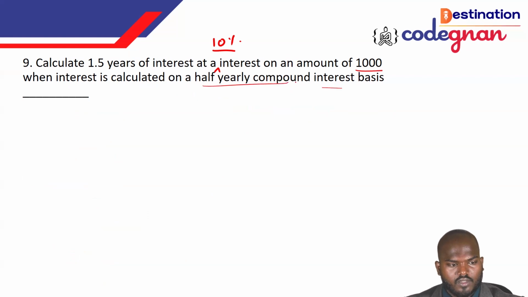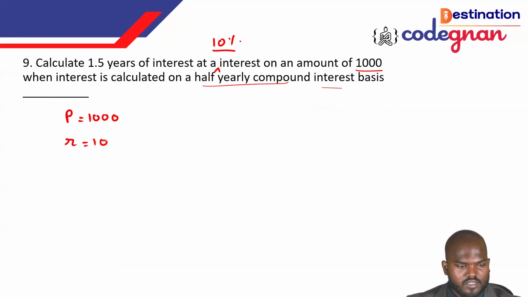So calculate for 1.5 years, also given. You see this one, it is a little bit confusing question, but you need to operate it well. The principal they have given here is 1,000. The rate of interest is 10%. The time is 1.5 years.